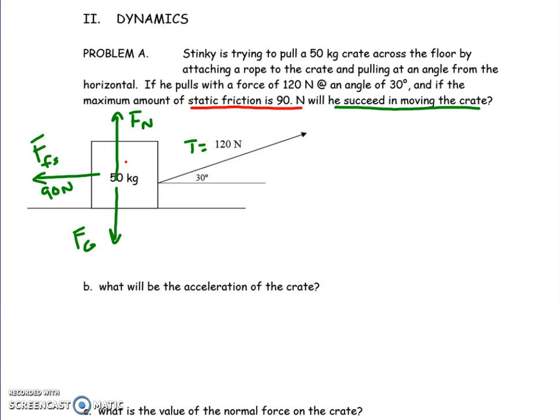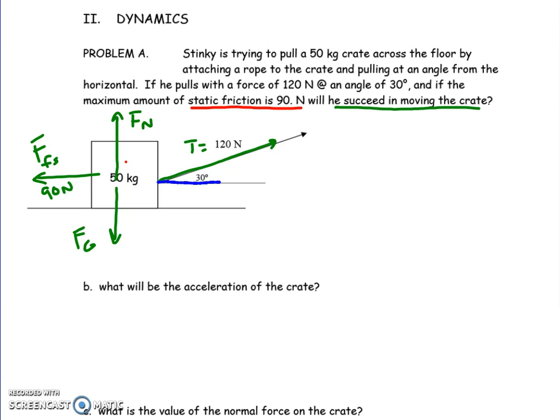And hopefully you answer, no, it's not, because the only thing that I would do to overcome a leftward force is a rightward force. Long story short, what we want to be able to do in order to answer this question is take that tension vector and see how much of it is to the right. And then we can compare that to the force of friction. In other words, we are going to take this vector and break it up into two components.